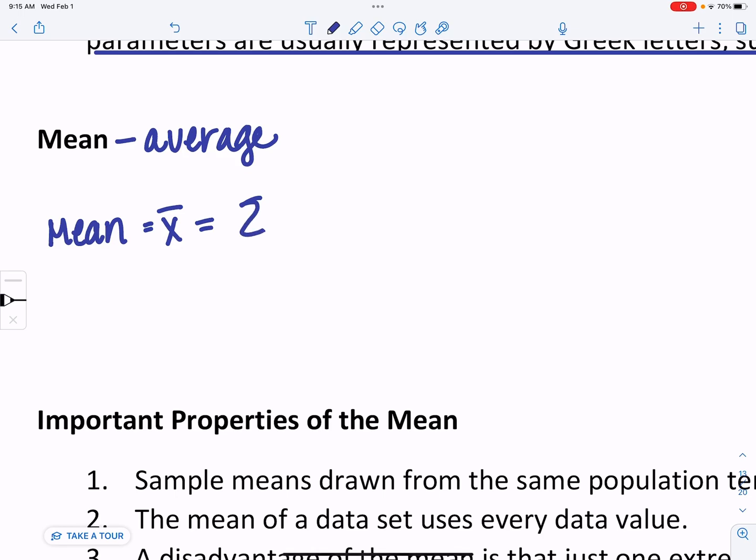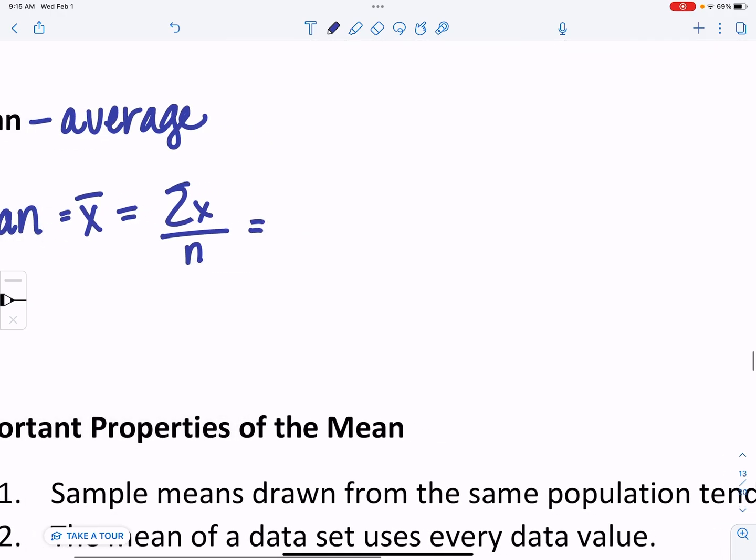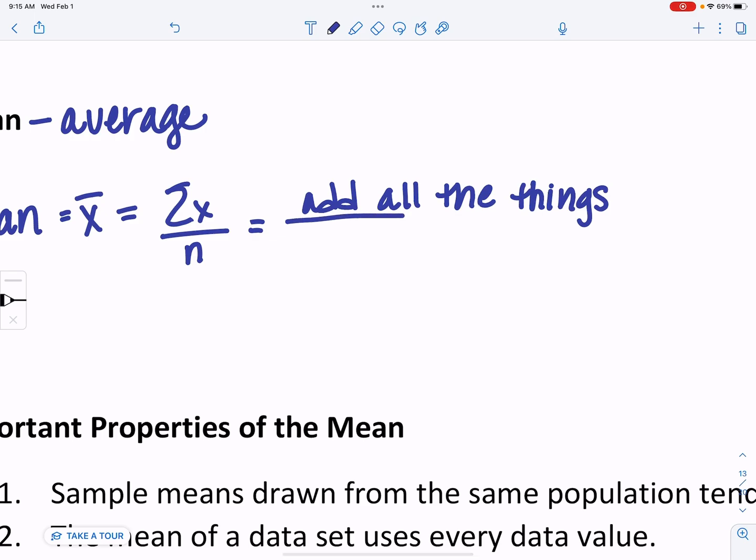That's the same as adding up all of the elements of a sample and dividing by the number of elements in the sample. And that's exactly the same thing as saying add all the things and then divide by the number of things.